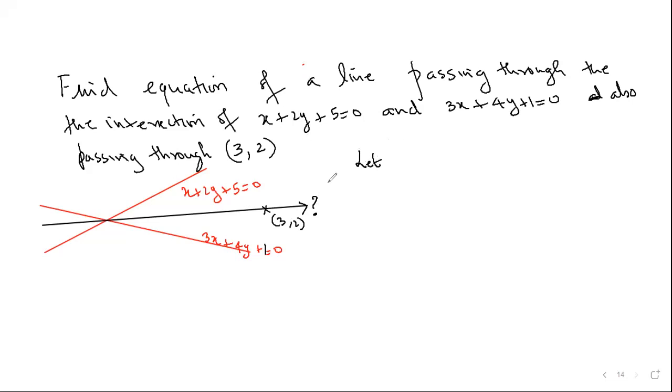Assume the equation of this line. Let the equation of, what to call this black line? The required line passing through point (3, 2). That is a big sentence, no? So to write short, let the equation of the required line be x plus 2y plus 5 plus k times 3x plus 4y plus 1 equal to 0.